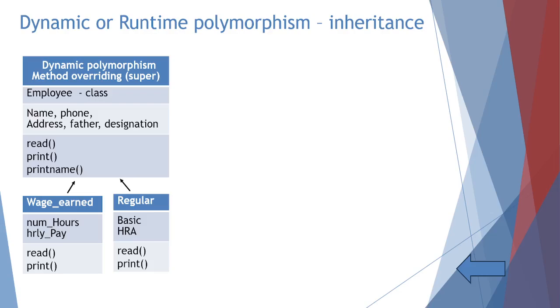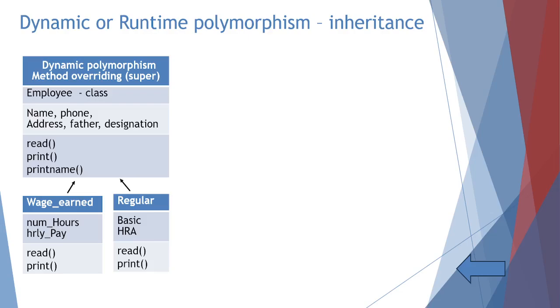Whereas regular employees get the salary every month, and basic HRA, DA, and so many other parameters are there. But each type of employee has all the details like name, phone number, address, father's name, designation, etc.